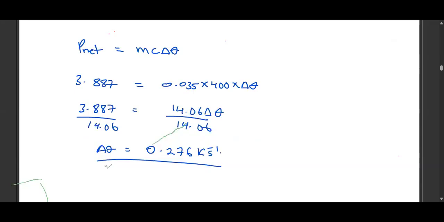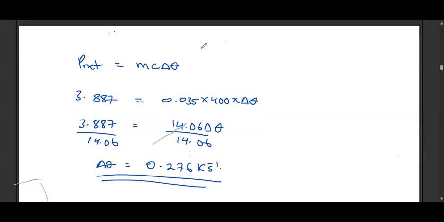So the rate at which the temperature is going to be dropping is 0.276 kelvins per second. That is going to be the rate at which the temperature of our copper block is going to be dropping down.